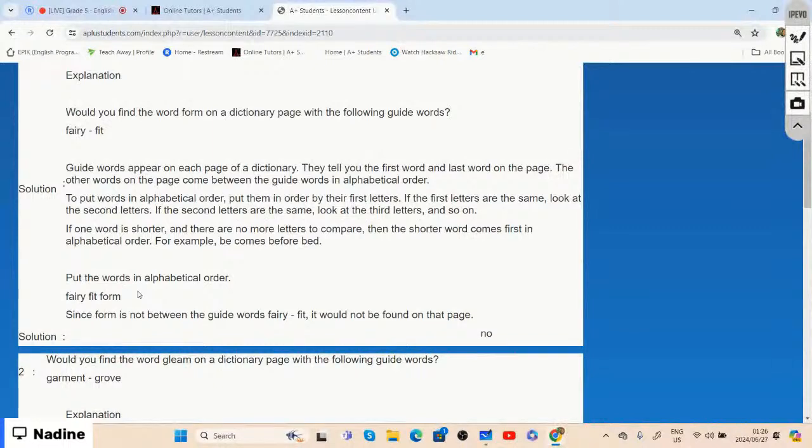So the guide words tell you, okay, this is the first word on the specific page and it starts with these letters, and then you look at the last word, and all the other words in between. The words will be in alphabetical order, between the first guide word and the last.